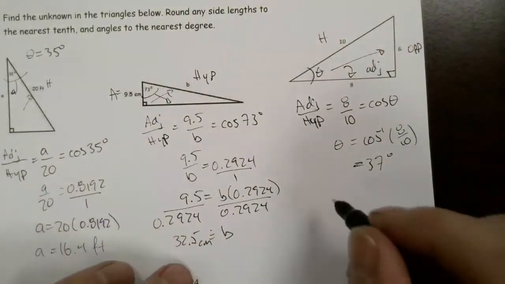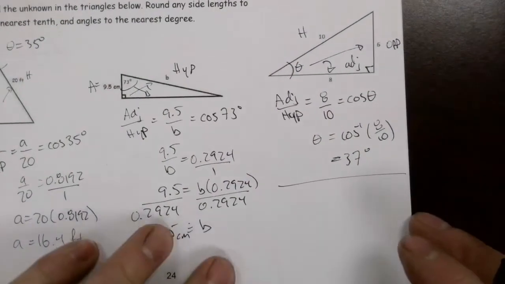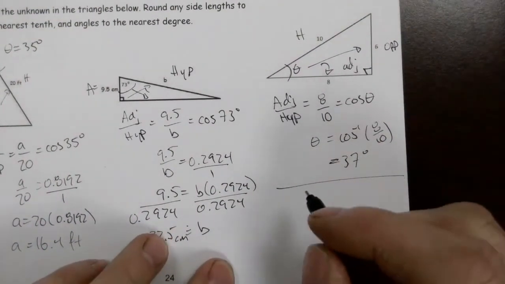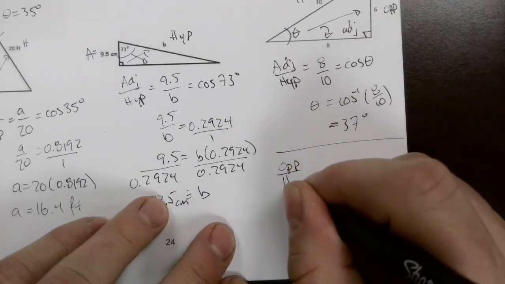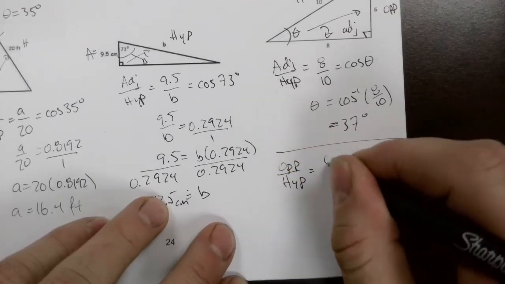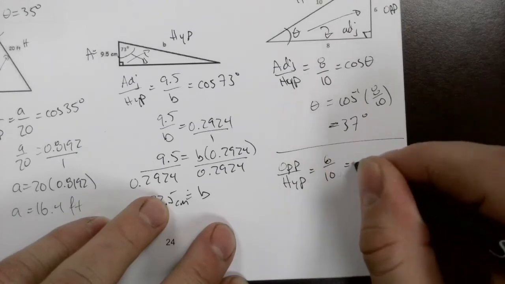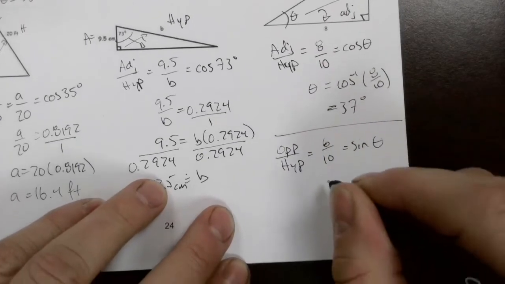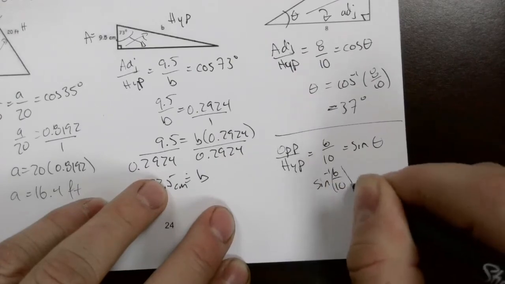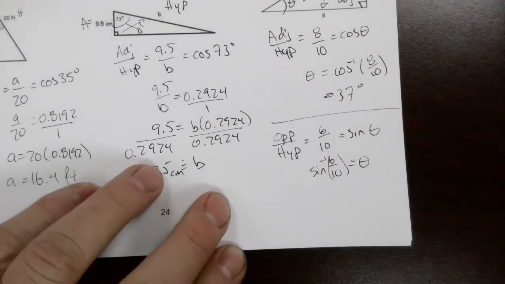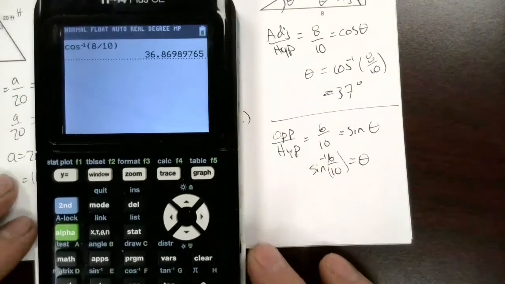Now, just to show that this is consistent, like I said, we could have used sine for this, and we've seen sine already. Sine is the opposite over the hypotenuse, so that would have been 6 over 10, in which case I would have used the inverse sine of 6 over 10 to get that angle. And let's just take a quick look here.